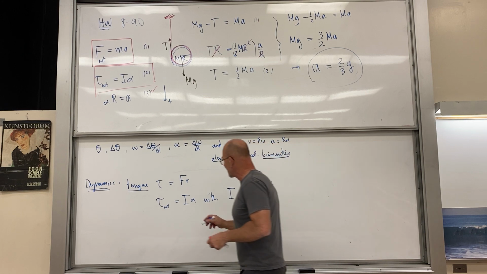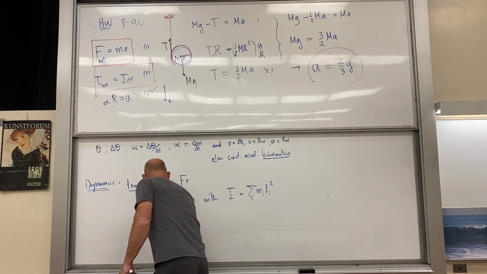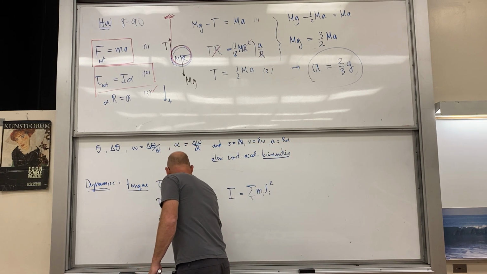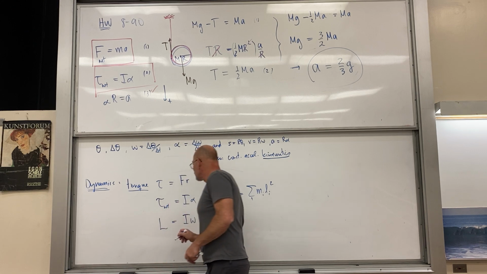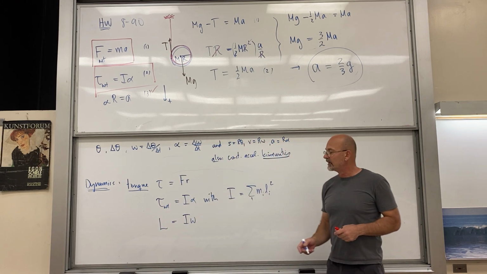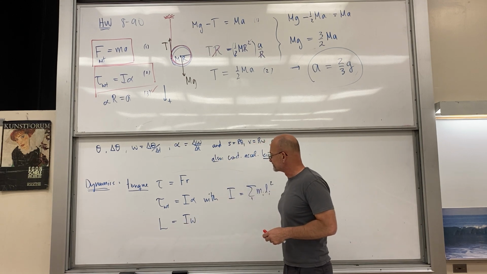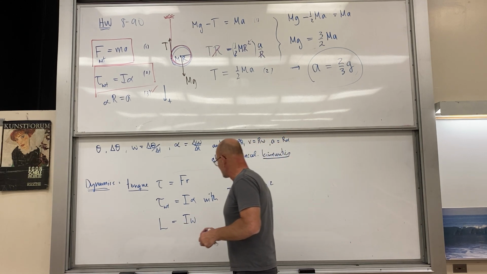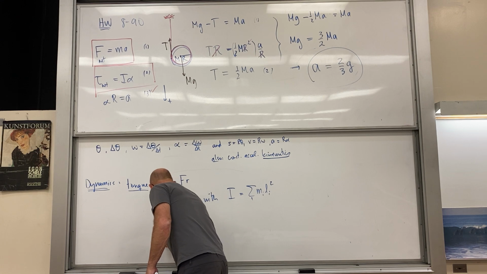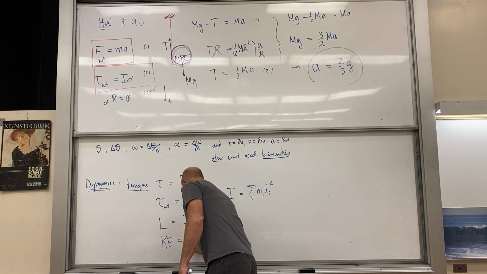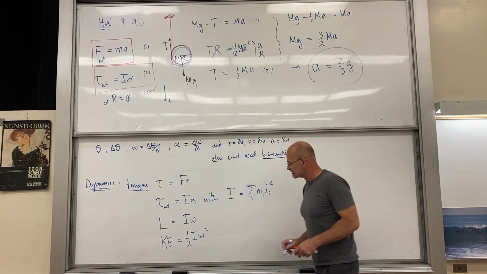Then we also had capital L is equal to I omega. That's the one we just learned about last time, the angular momentum. And I can also remind us that we have kinetic energy equals 1/2 I omega squared.